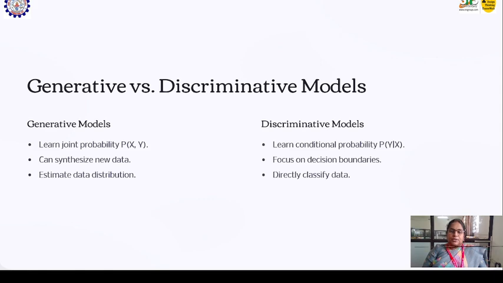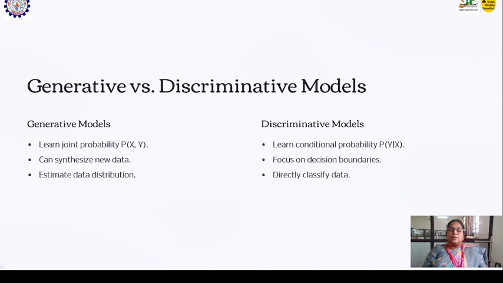The generative model can synthesize new data, which means it generates new data. But the discriminative model focuses mainly on decision boundaries, and the generative model estimates the data distribution, whereas the discriminative model directly classifies the data.